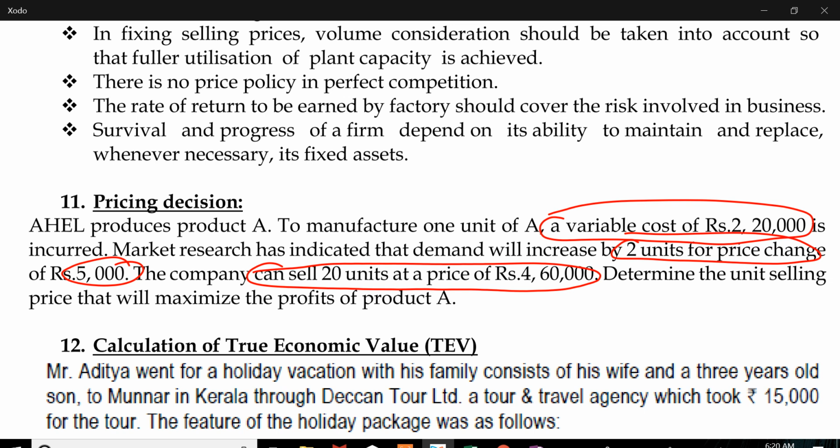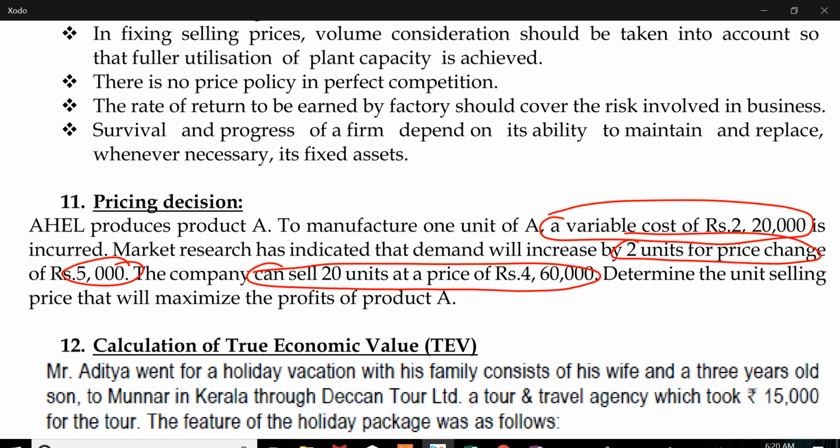No, the price of 4,60,000 is for 20 units. How much?